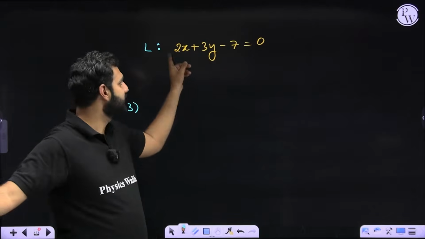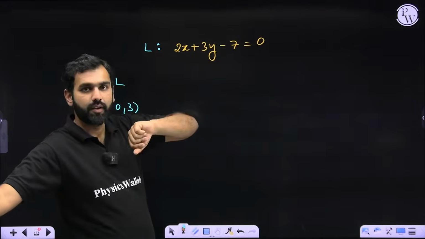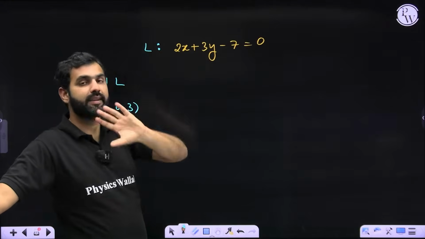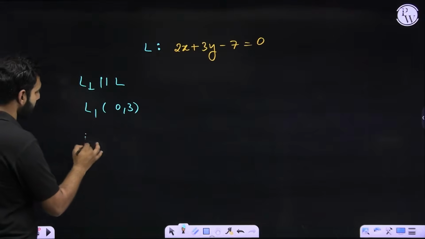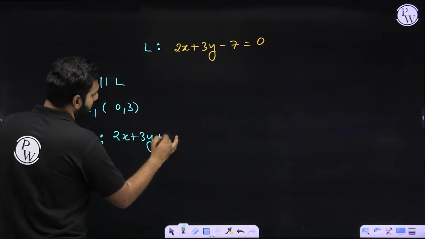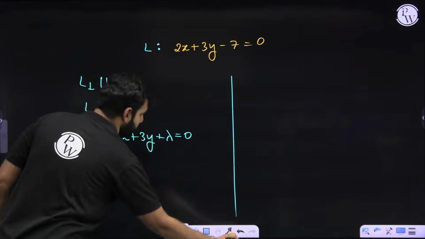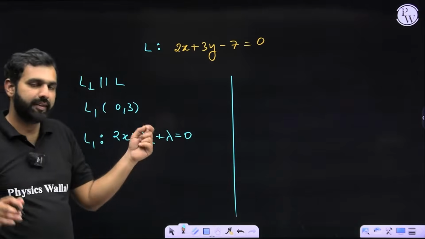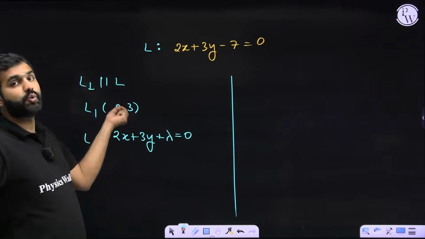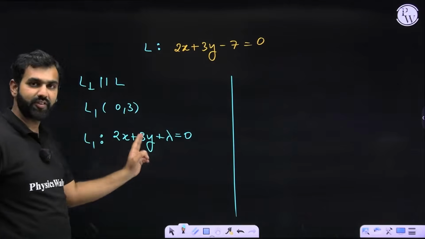Since L and L1 are parallel, their slopes must be the same, which means 2x plus 3y will be there in that line as well. So I'll say that the equation of L1 could be 2x plus 3y plus lambda is equal to 0, because that will differ by the constant term only. Now since L1 passes through 0, 3, the point 0, 3 must satisfy this equation.